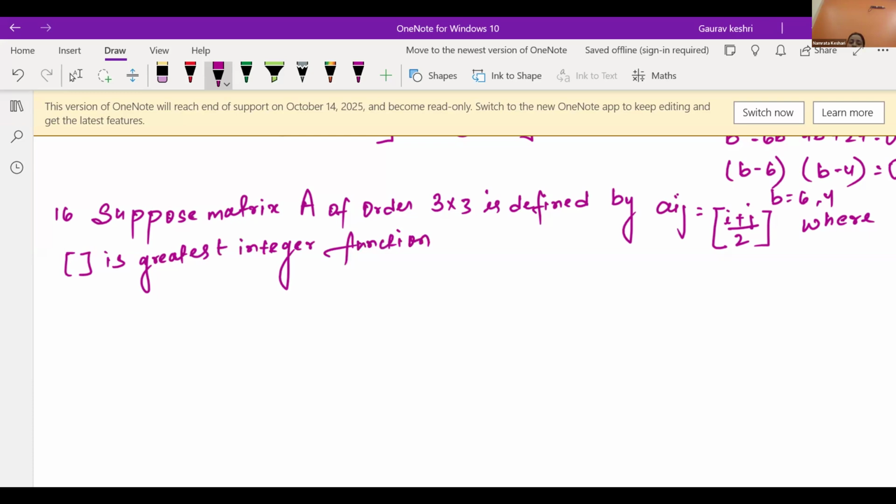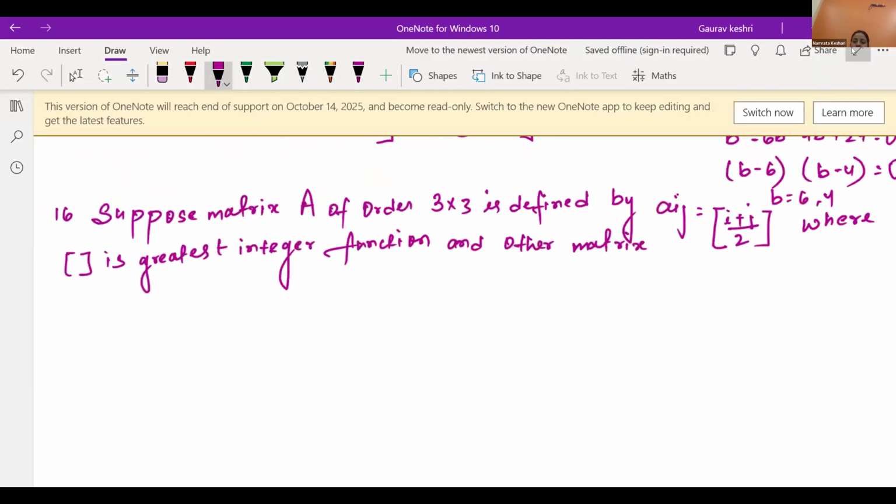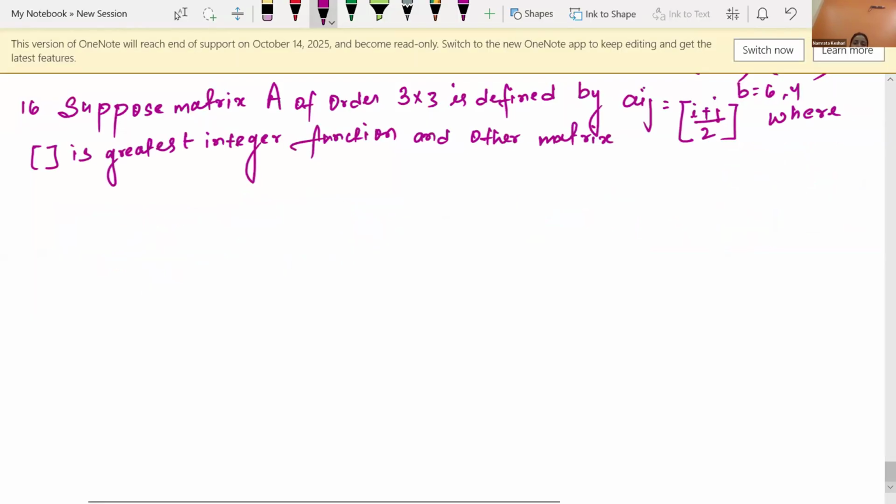Another matrix B we are having. The other matrix B is also given over here as 1, minus 2, minus 1, minus 1, 3, 2, 0, 4, 0.